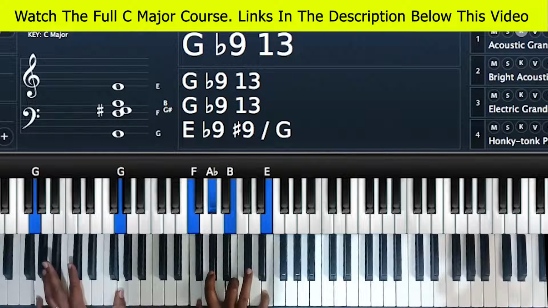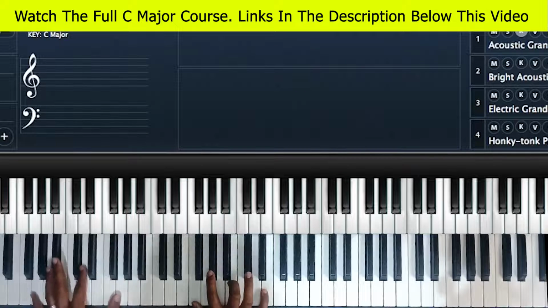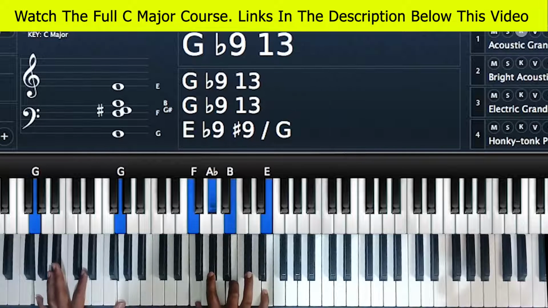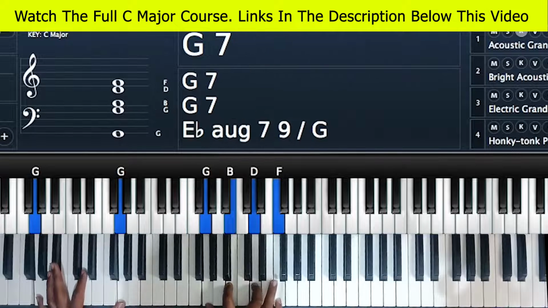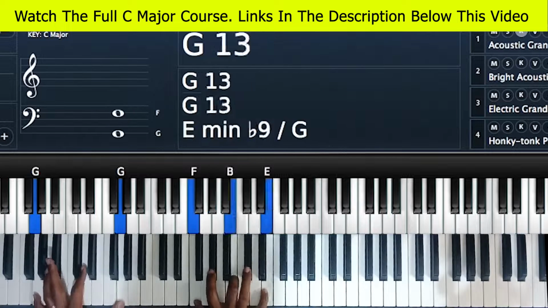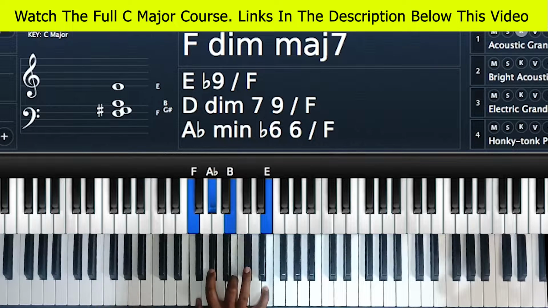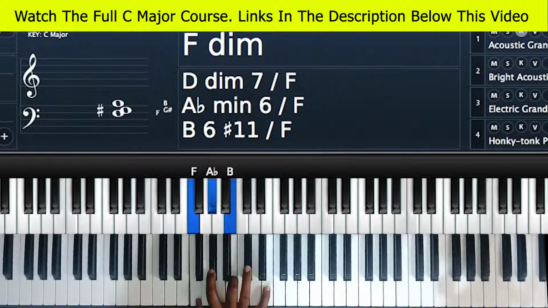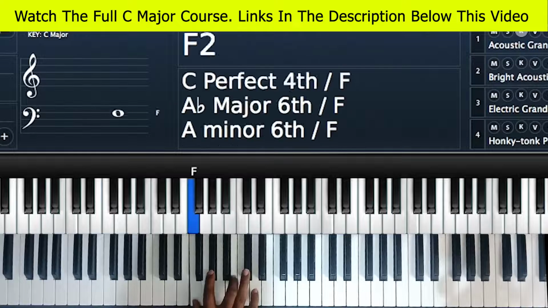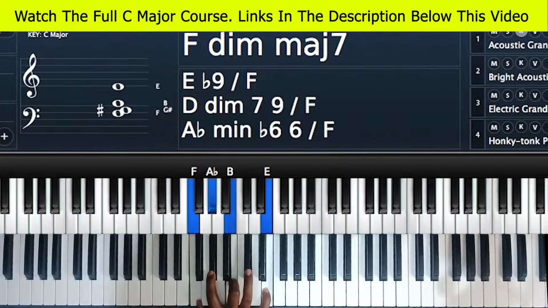This is a G 13th flat 9 chord. That's the technical name behind it, but I will just break it down simply. You play the G on the left hand, and the right hand is not playing the ordinary G dominant 7th, but I'm playing an F diminished chord with an E on top.